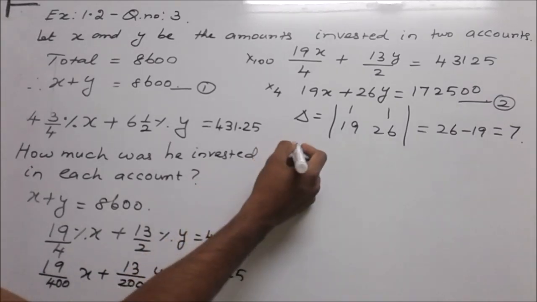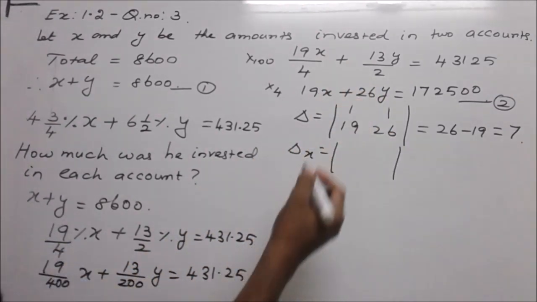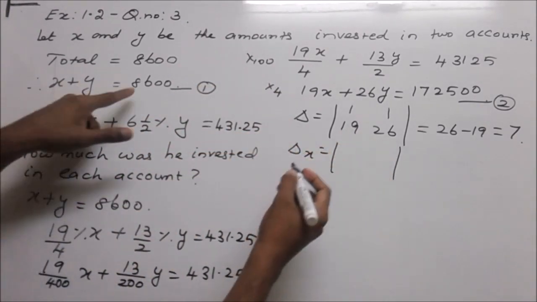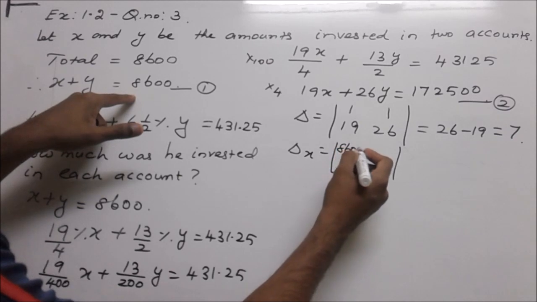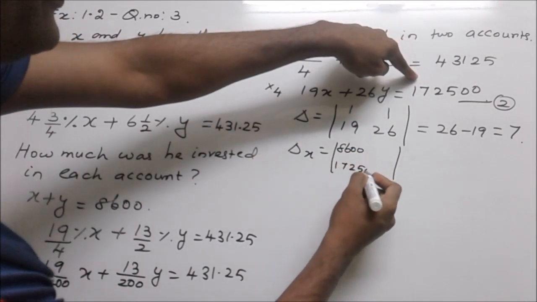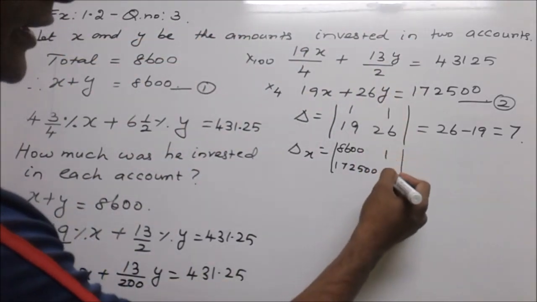Then delta x is equal to, replacing the coefficients of x by the constant values 8600 and 172500, keeping the y values as they are.